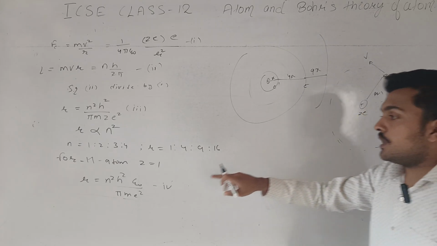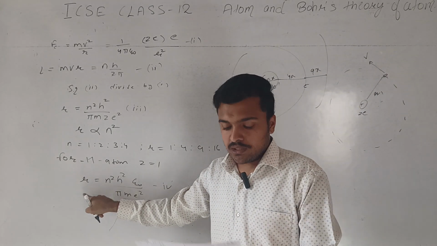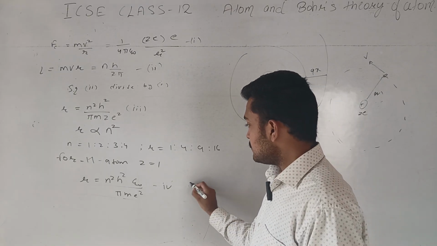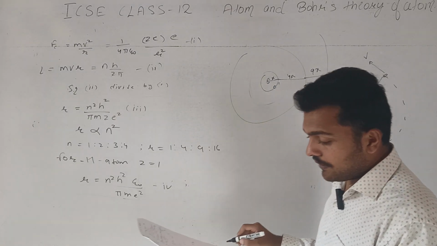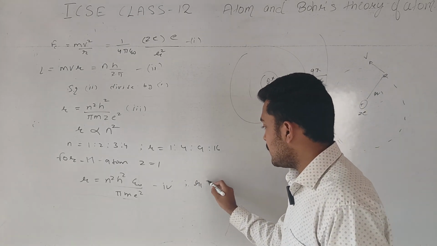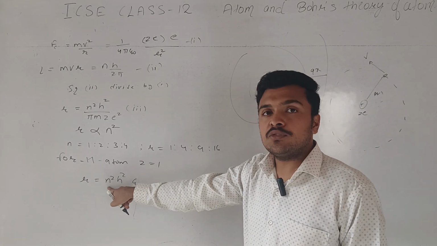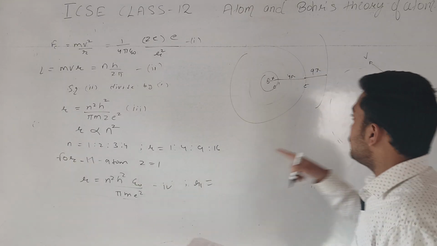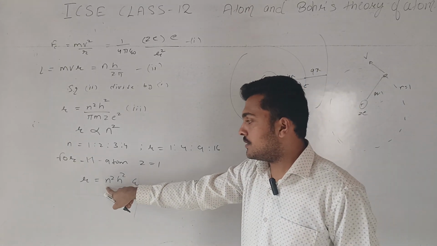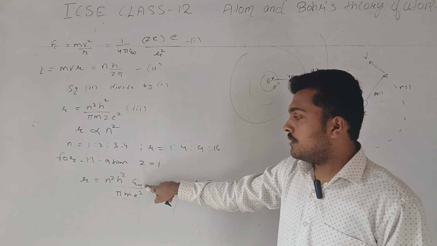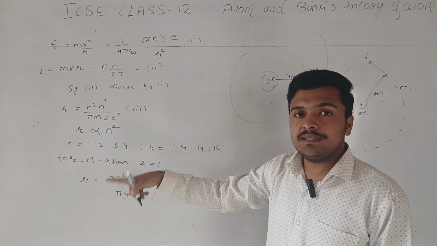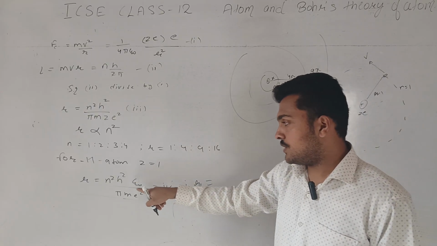If we want to find it, we can find it from this equation. So putting the values we can find r1 is equal to, here, in place of n squared we will put 1, because for the first orbital n is equal to 1. We will put the value of epsilon naught here. We will put the value of h squared, because h is 6.6 into 10 raised to power minus 34 joule second.